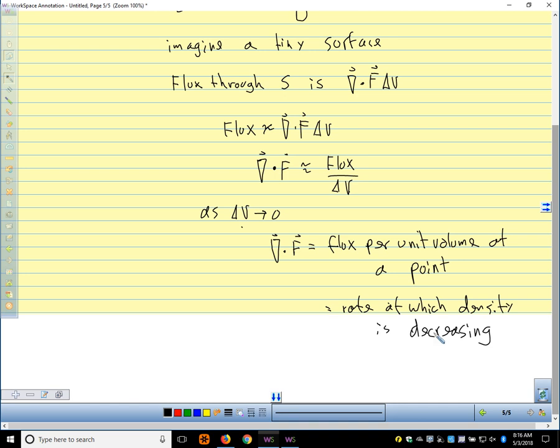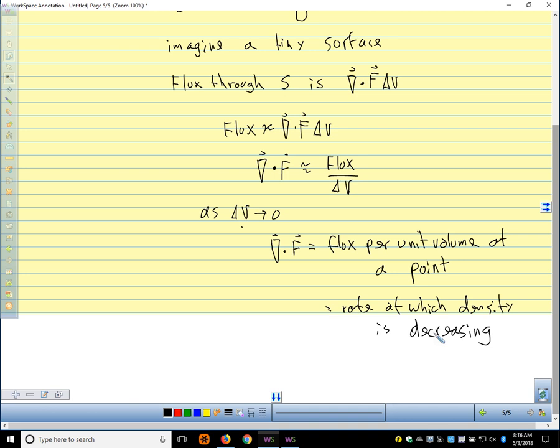So the divergence at a point tells us, if we're thinking of our field as a velocity field for a liquid, the rate at which the density is increasing at a point, or decreasing.